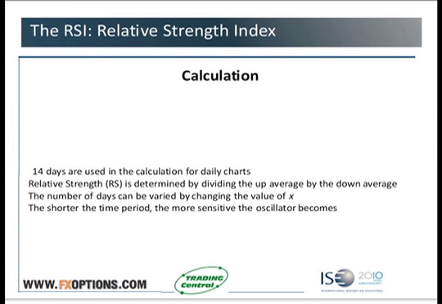Usually we use a 14 days or weeks period. This is a habit for most traders. Some people use a short-term time period, for example 10 or 11. If you use a shorter time period, the oscillator will be more sensitive.